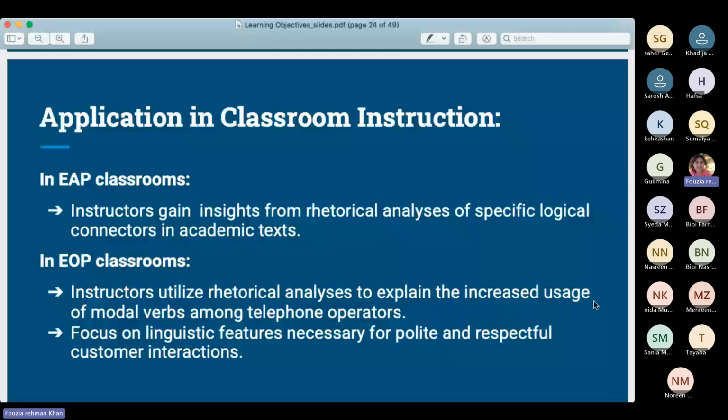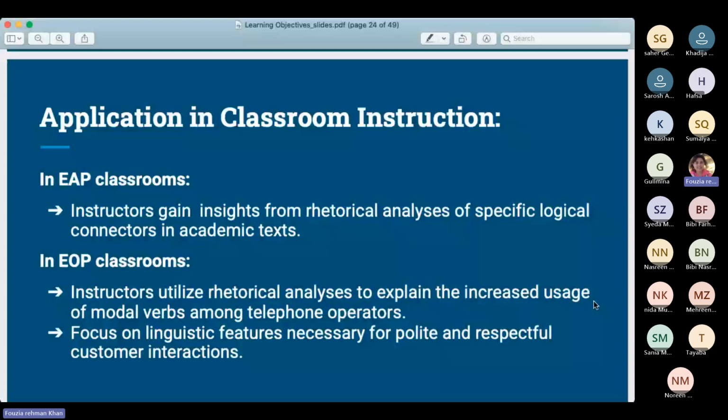And in occupational classrooms, we just did the example again. This can increase usage of modal verbs among telephone operators. This is just an example. For genre analysis, we did an example of business writing, business communication, or business correspondence. Similarly, this is just an example from other analysis, rhetorical analysis.